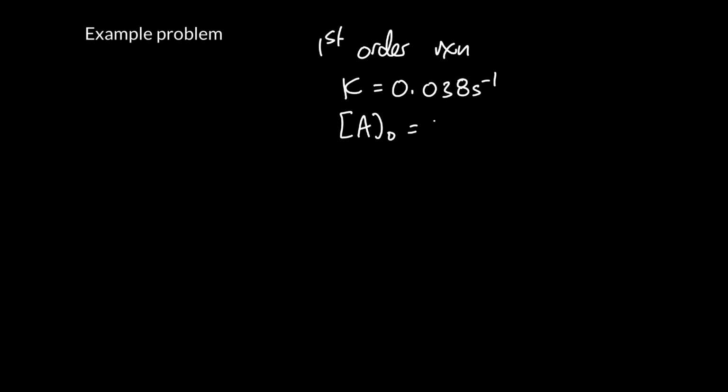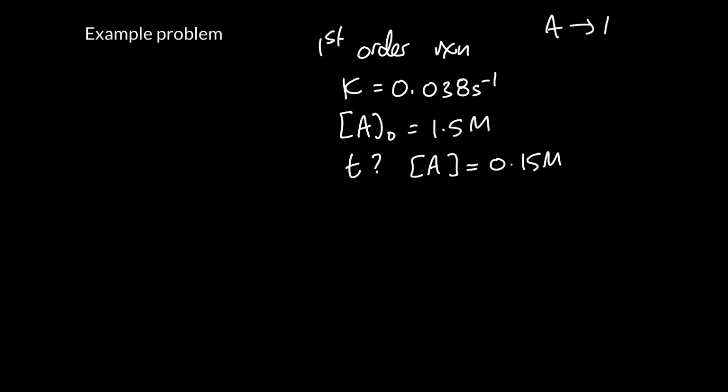So maybe we've got a first order reaction. We always have to know if it's first order because the equations that we're going to develop depend upon the order. And the rate constant is 0.038 seconds to the minus 1. We've got an initial concentration of A of, say, 1.5 molar. And the question is, how long does it take, so t question mark, for the concentration to drop to 0.15 moles per liter.